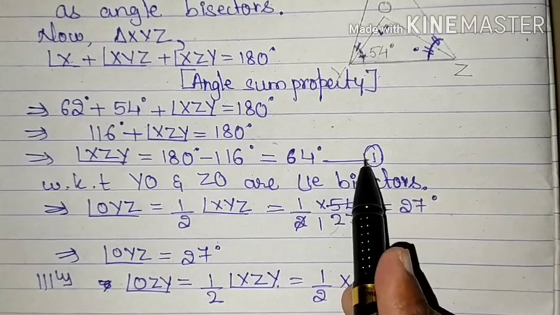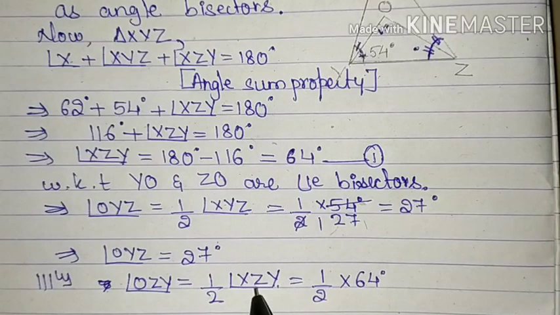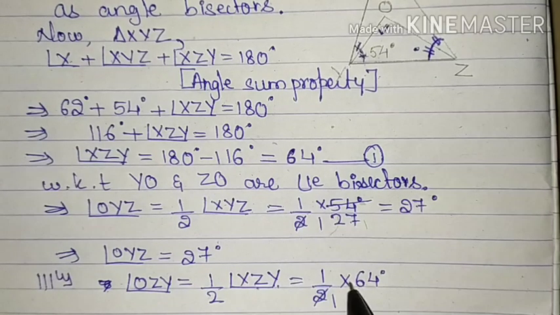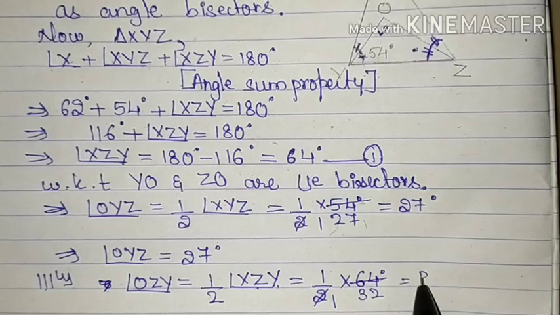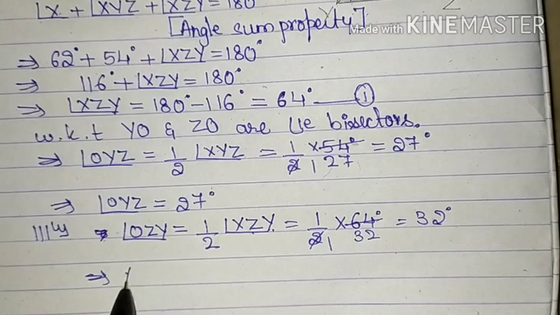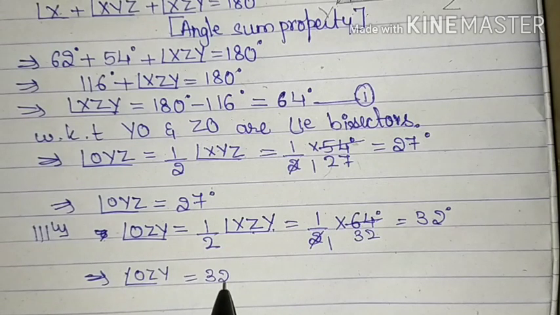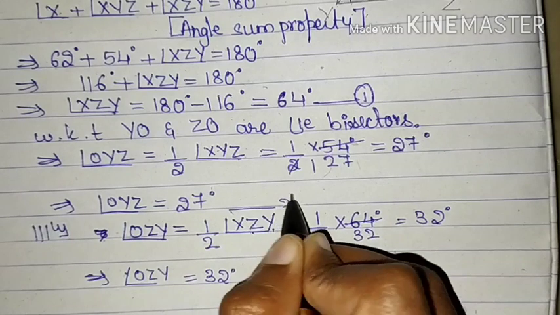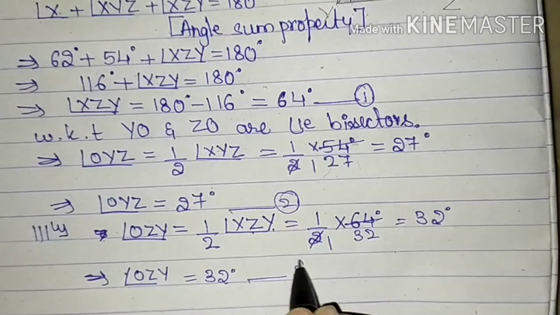From result 1 we know that the value of angle XZY is 64 degrees. So half of 64 is 32 degrees. This implies angle OZY is equal to 32 degrees. Name this as result 2 and this as result 3.